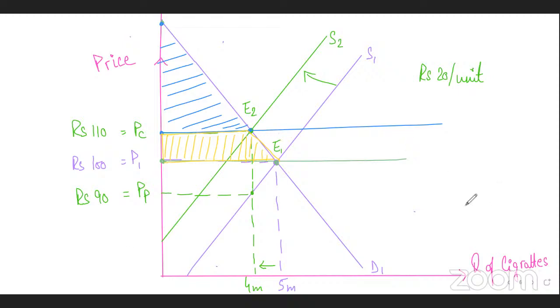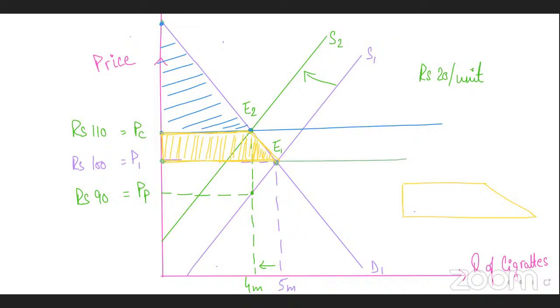The area of this trapezium, this is the shape. This is how it looks. If you didn't get much, I'm making it for you. This is your loss of consumer surplus because it was initially part of your consumer surplus, but now it's not part of it anymore. We good? Any confusion? Anything that's not clear?